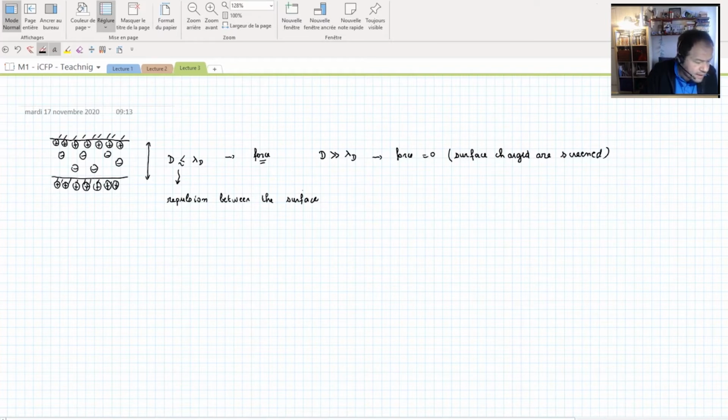And then, we said that the Debye length was something between, let's say, 10 nanometers and a maximum of 1 micron. How can we measure forces between surfaces in this range of distances?